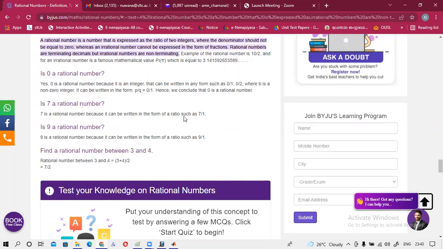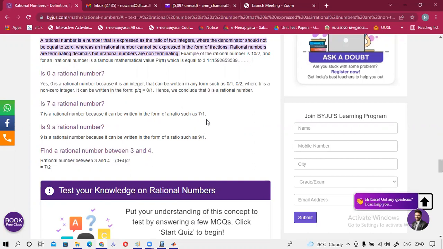If we can write the number as a ratio of two integers, it is a rational number. So 7 is also a rational number, and 5 is also a rational number, because we can write it as 5 by 1.